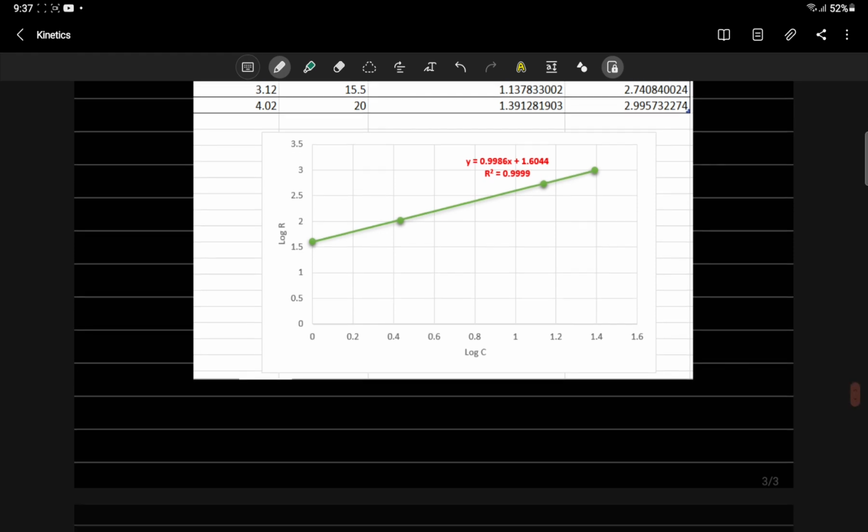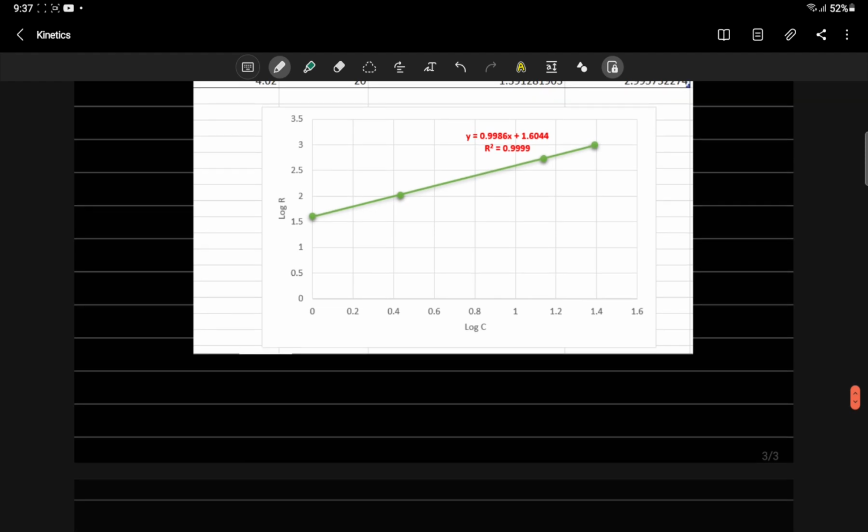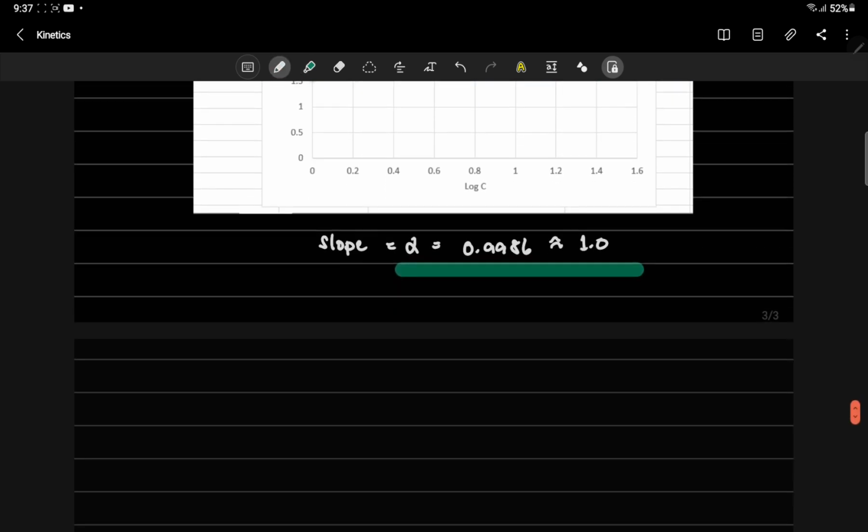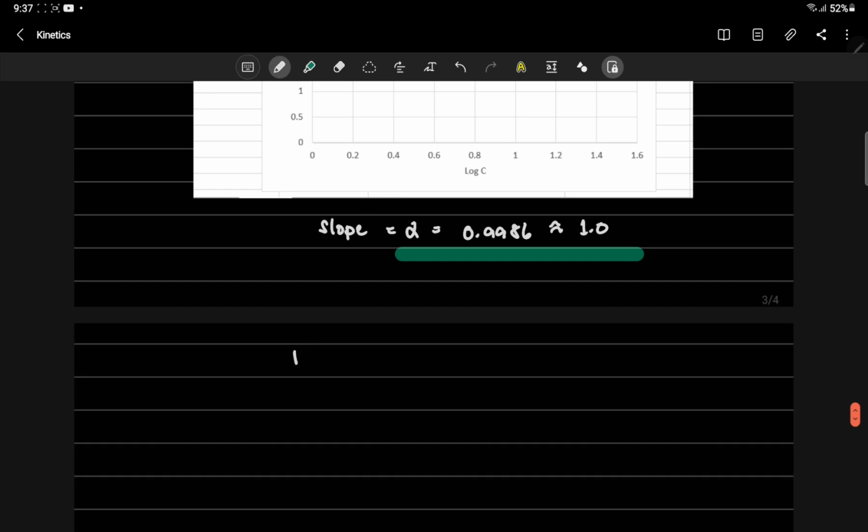So therefore, we were able to determine the slope, which is now equal to alpha, is 0.9986, which is fairly close to 1.0. So therefore, this is now the order of the reaction. And the rate law expression, therefore, will be R equals K prime C glucose, or the concentration of glucose, raised to 1.